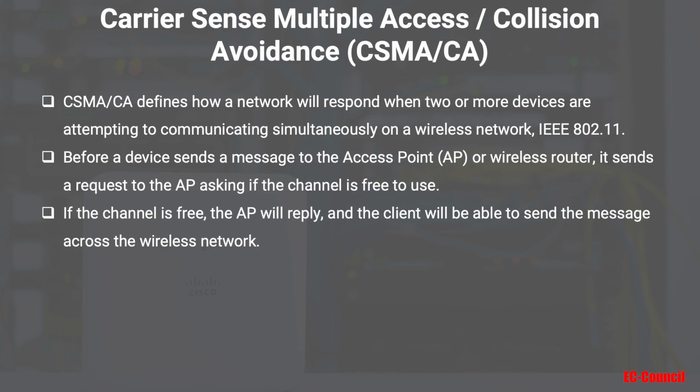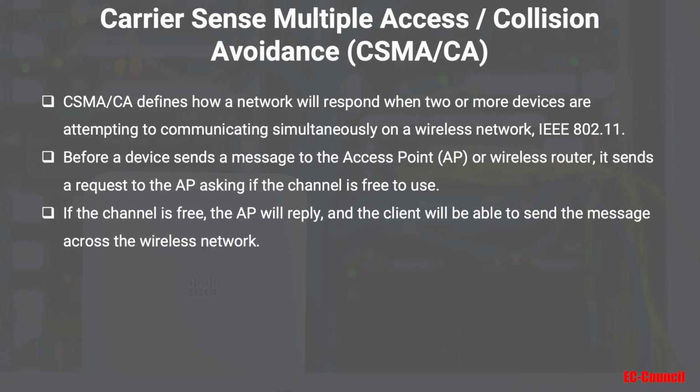On a wireless network, devices use carrier-sense multiple access, but this time they use collision avoidance, CSMA/CA. CSMA/CA defines how a network will respond when two or more devices are attempting to communicate simultaneously on a wireless network, which is defined by IEEE 802.11.